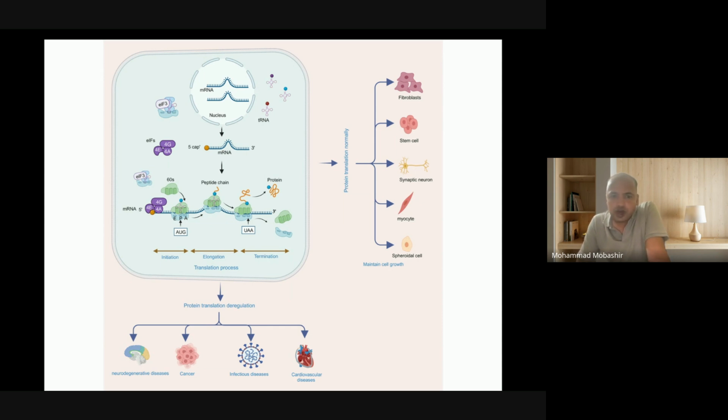Then if you want to understand deregulation, the best example is cancer, neurodegenerative diseases, where you can understand the impact of protein misfolding, and then infectious diseases, cardiovascular diseases. These are the broad categories of human diseases where protein translation has potential and crucial roles.